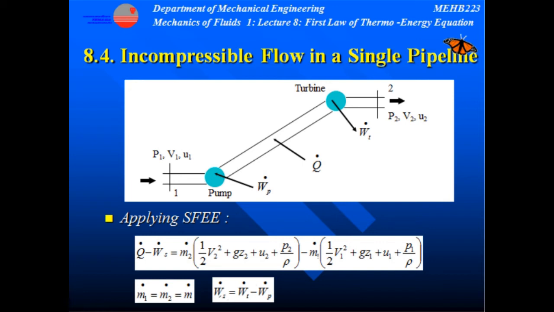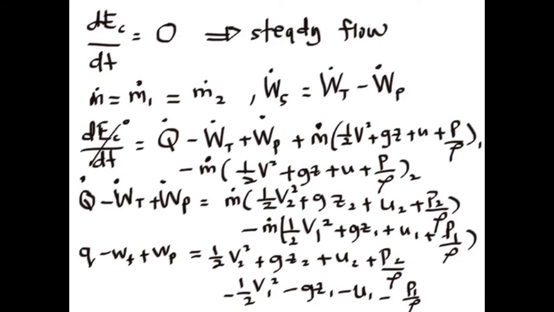This is the work of shaft, so work done on the pump, the work done by the turbine. So it's going up, so it's a minus. This one is in the specific form. So try to rearrange this so that the components that go into the control volume are on your left side, and the components that go out of the control volume are on the right side.